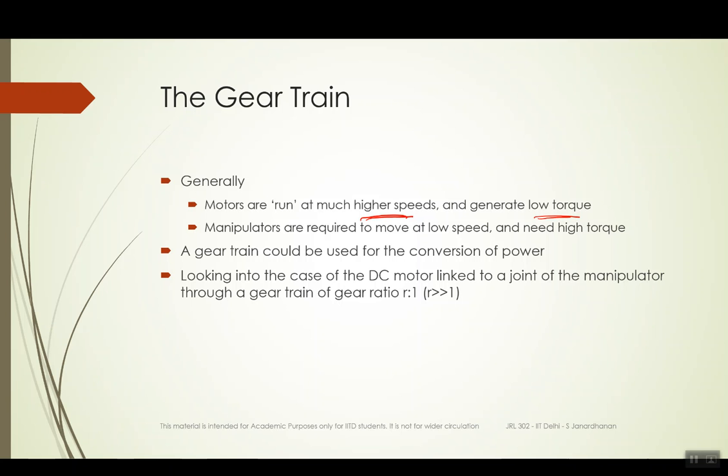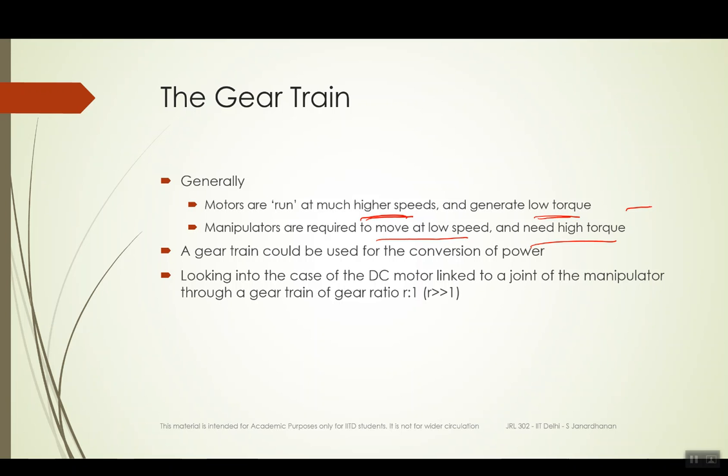Okay, on the other hand, you have the manipulator that need not move at very high speeds, so it needs to move at low speeds only. However, it needs high torques because of the mass of the manipulator. I can move the manipulator at low speed, but I want higher torque to move it in the first place.